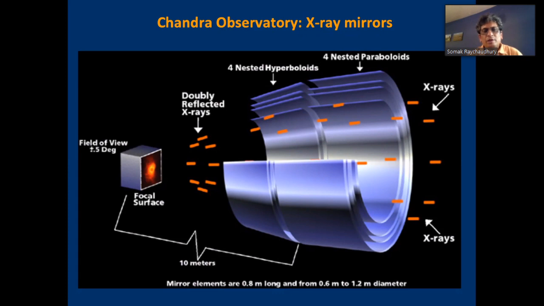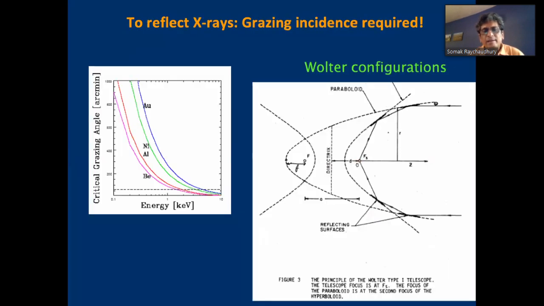So that is why the Chandra X-ray telescope is very long, and you can see the surfaces are such that the rays come at a very small angle. And here, for those who are technically minded, you can see the energy of the X-rays is a function of the grazing angle.